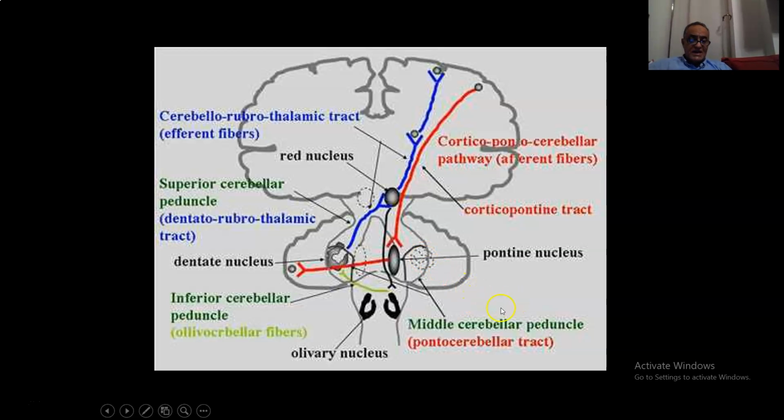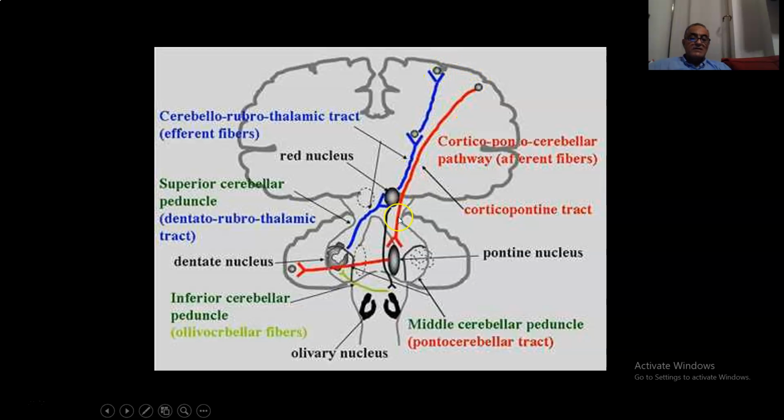Let's follow this tract. We have the dentate nucleus. The dentate nucleus sends fibers to the red nucleus. Dentato-rubro, crossing to the other side. Rubro-thalamo, anterior ventral nucleus of the thalamus. Fronto, the pyramidal and extrapyramidal parts.